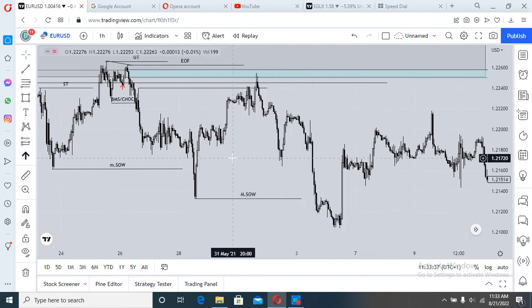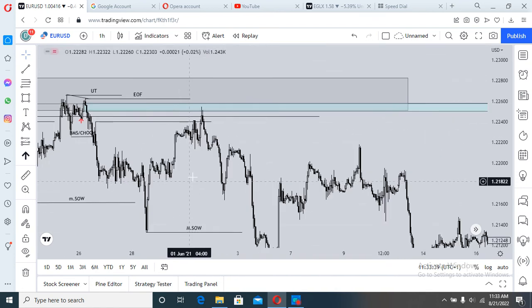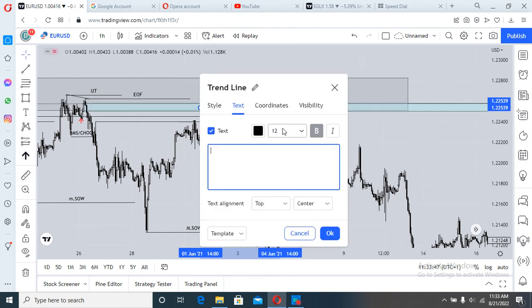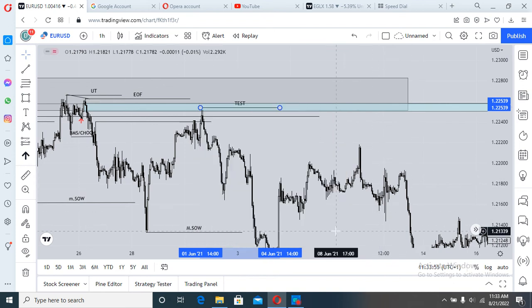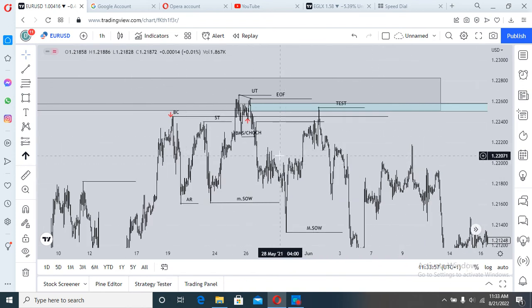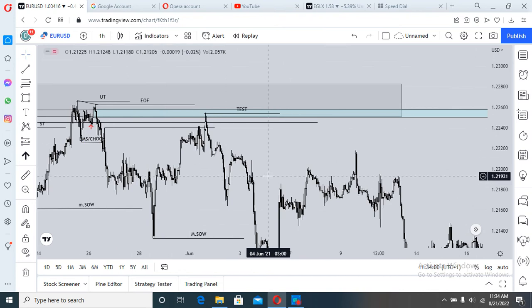So what we're now expecting, we have liquidity. Now having what? Our tests. Okay, right there. Test on UT in line with QML, shift in market structure, and break of market structure with an area of supply there, and significant support resistance maximum pain level.